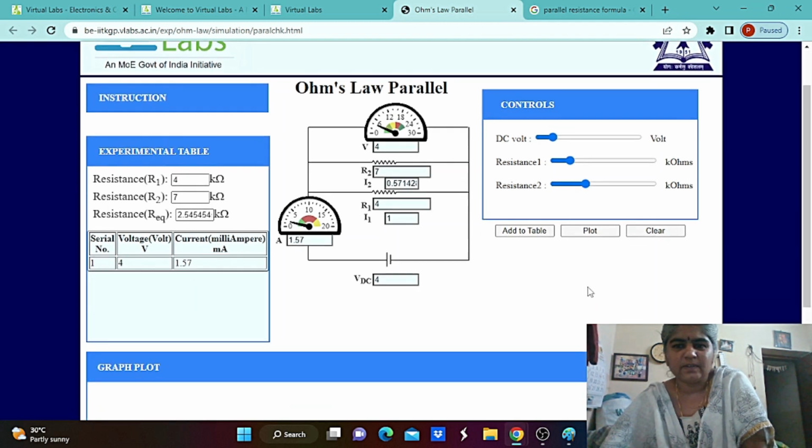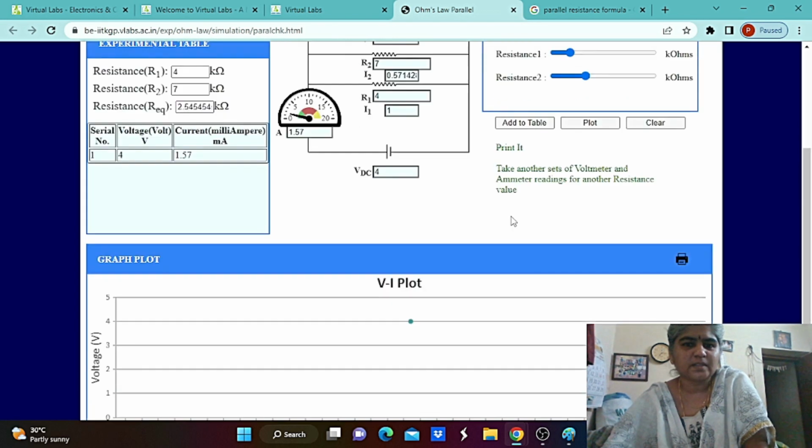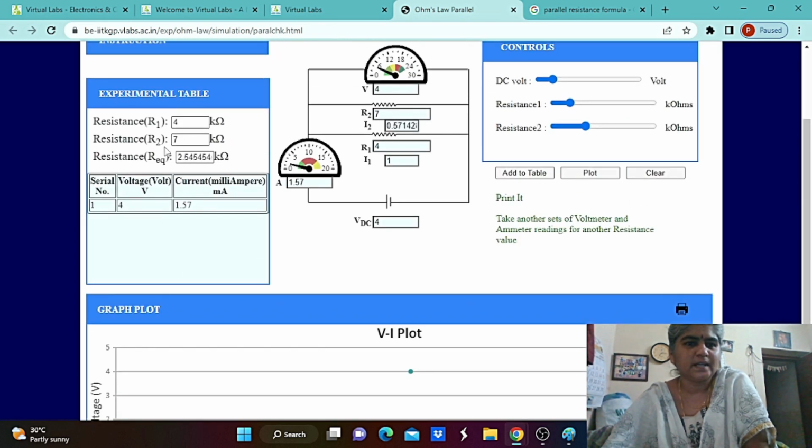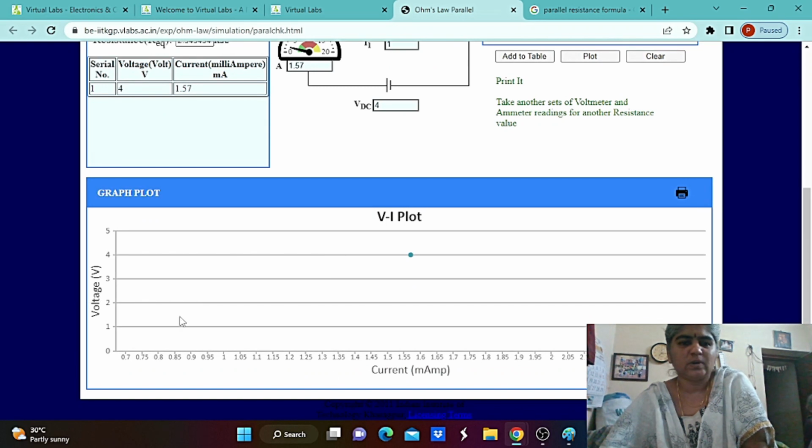Now we can plot this graph. For this resistance 1 and resistance 2, the DC voltage is 4 and the current is 1.57 milliamps. The relation between voltage and current is plotted in this VI relation plot.